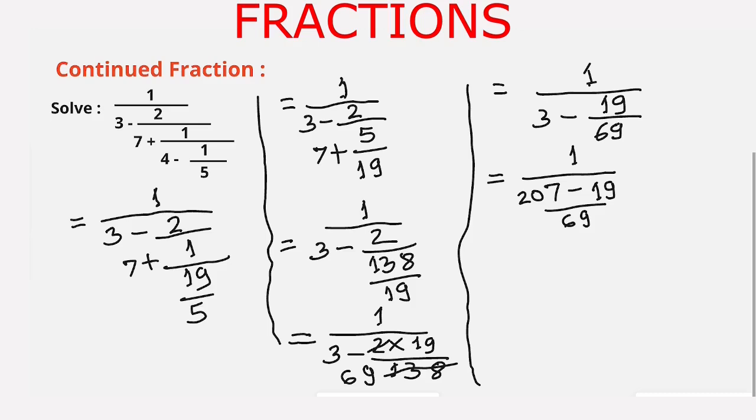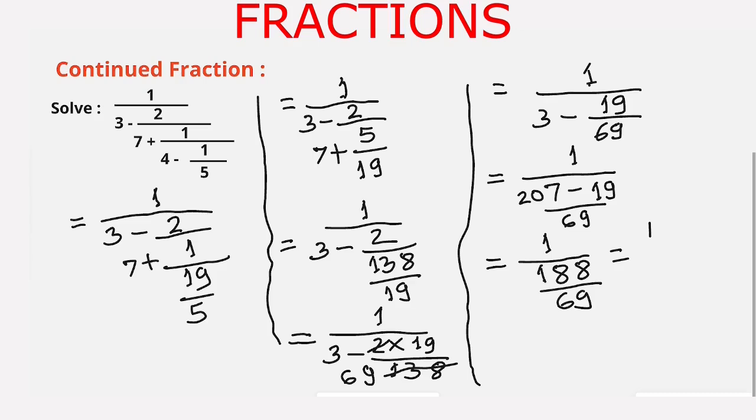So 207 minus 19. This is equal to 1 upon 207 minus 19, which is 188 upon 69. Now the denominator becomes the numerator.